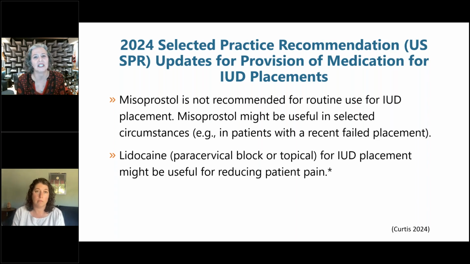But really only in the situation where somebody has already had a failed placement, and hopefully, as in the clinical trial, somebody who was really expert had tried before having them come back. Having somebody come back is never a great thing, because a lot of people don't find the time, or they cannot, for whatever reason, they don't come back, or they come back and they're pregnant, which has happened to all of us many times as clinicians.